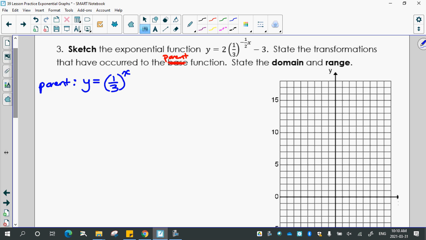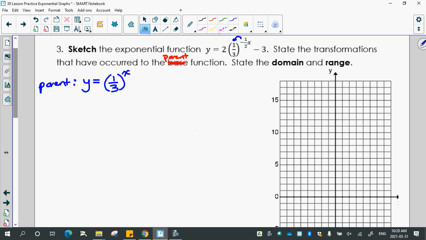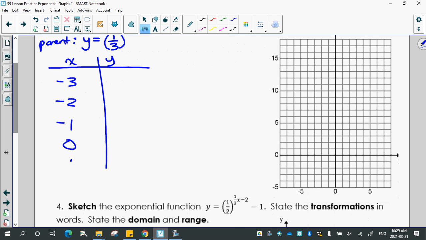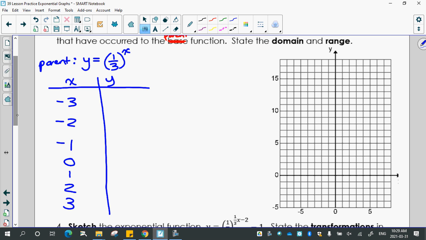All right, so our parent is right before the exponent. Pause it again. All right, so let's see if our tables are right. Okay, so how many people got positive 27 for a third to the negative 3?